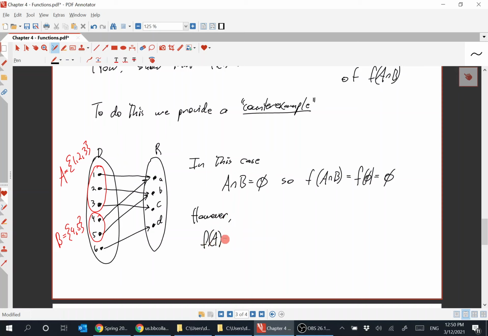However, the image of A is equal to what? What's the image of A in this function here?